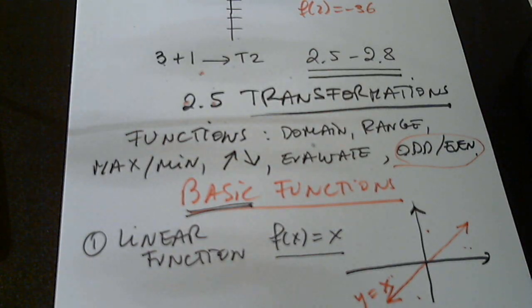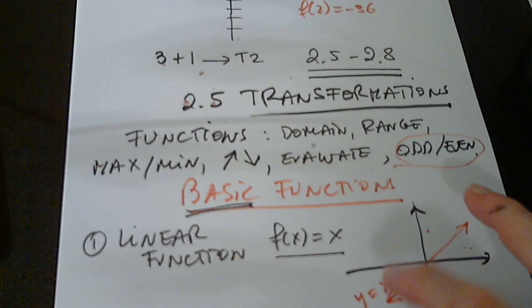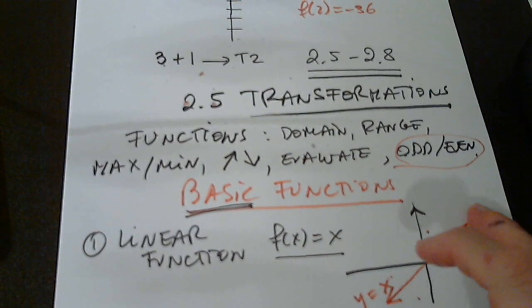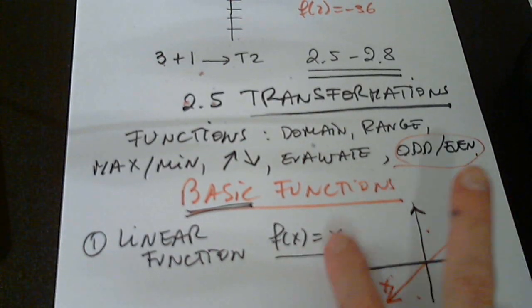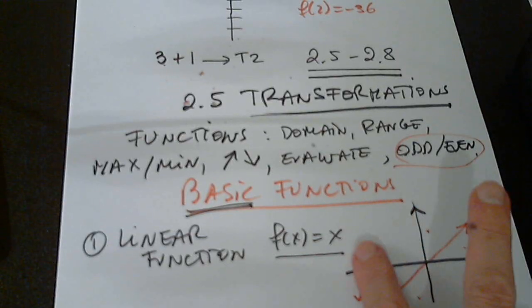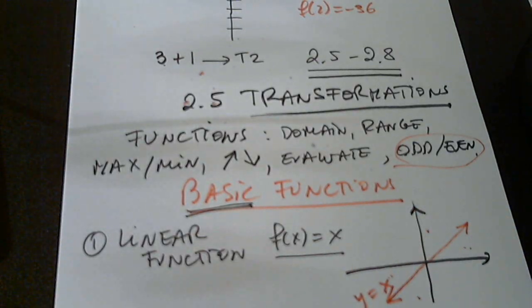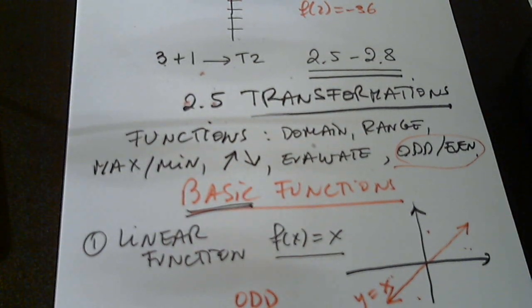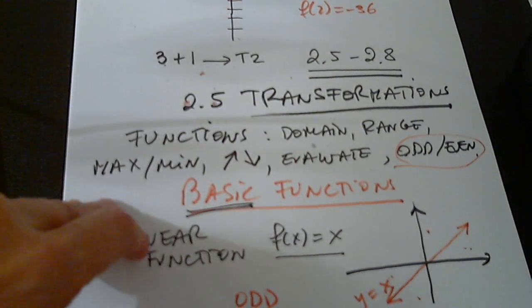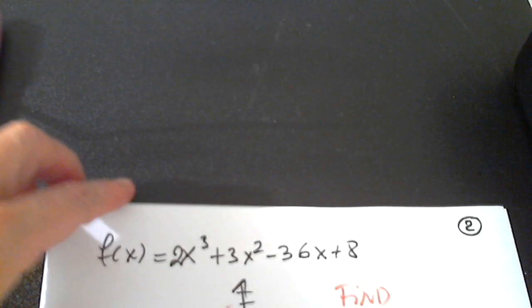Even? No. It's symmetric with respect to the origin. Even functions are symmetric with respect to the y-axis. So this is odd. But perfect. Moving on. So this is the simplest possible linear.